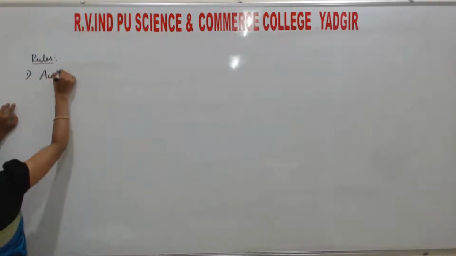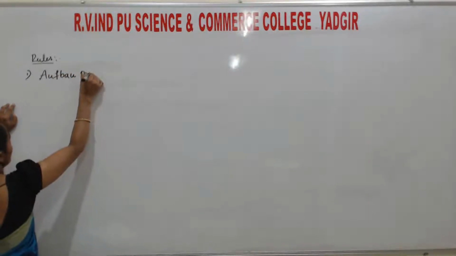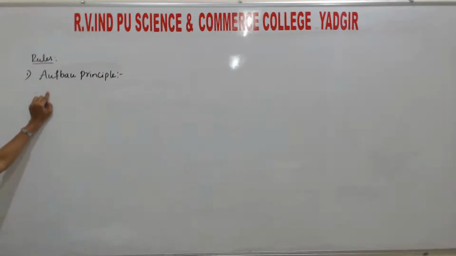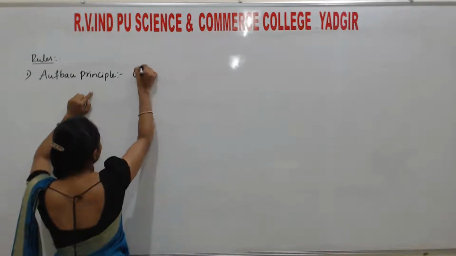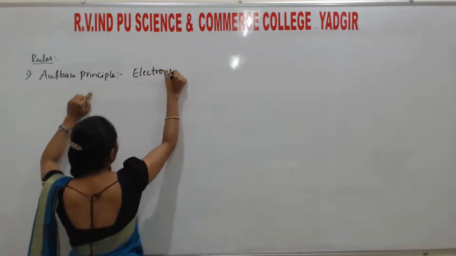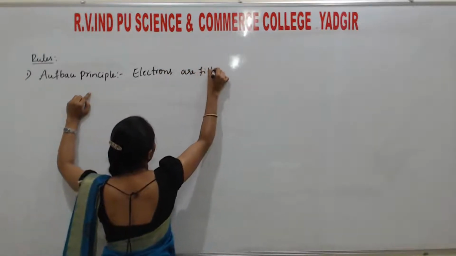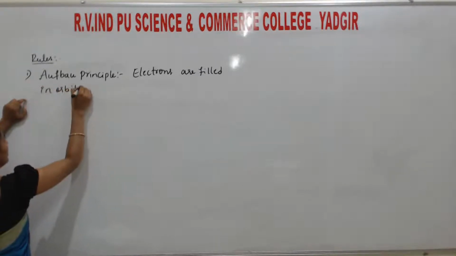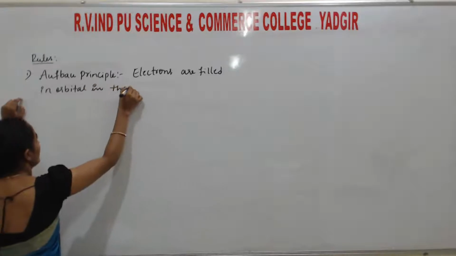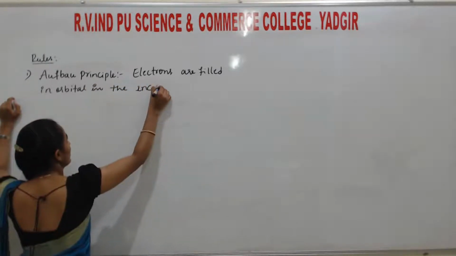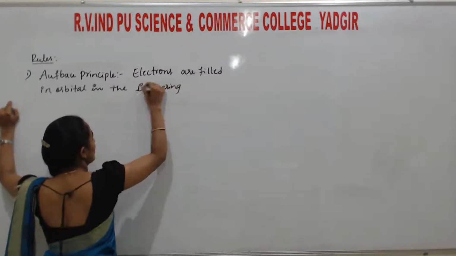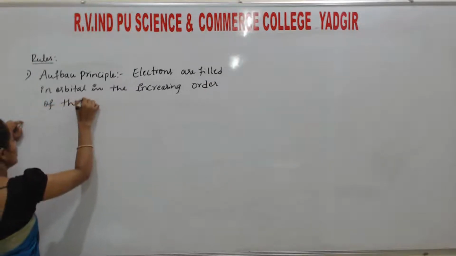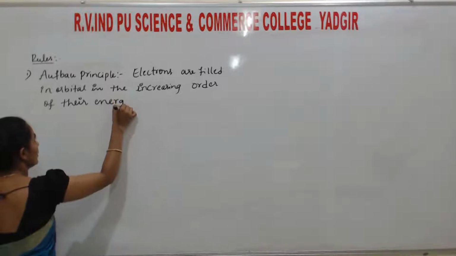principle. What does the Aufbau principle say? So the electrons are filled in orbitals in the increasing order of their energy.